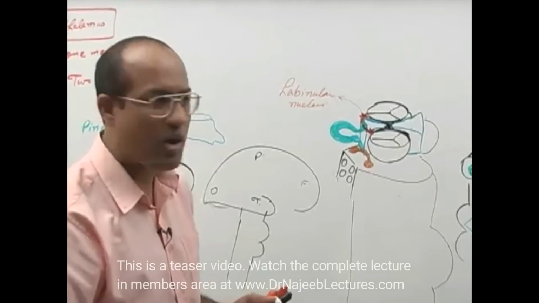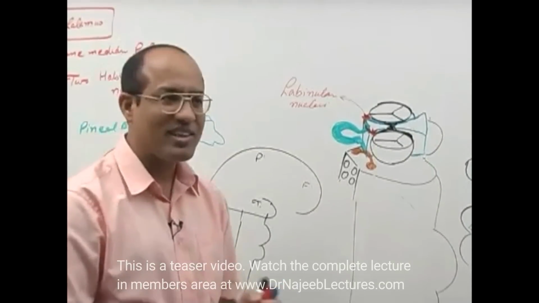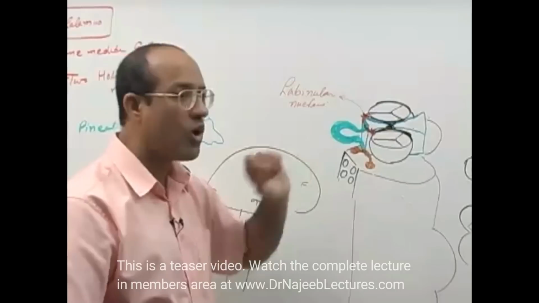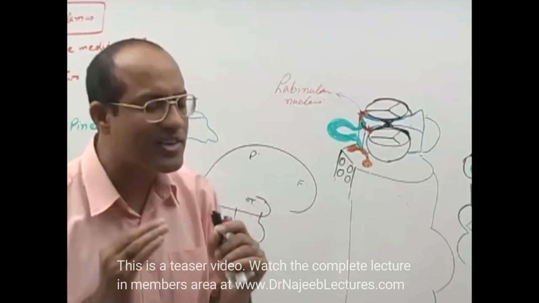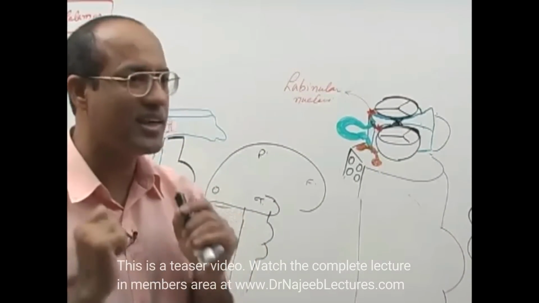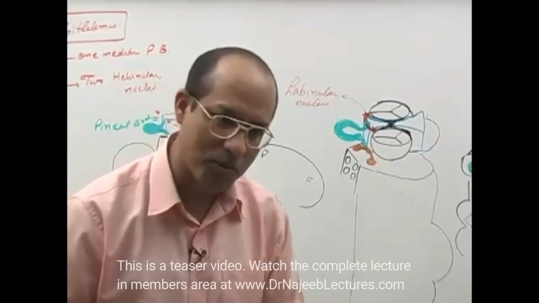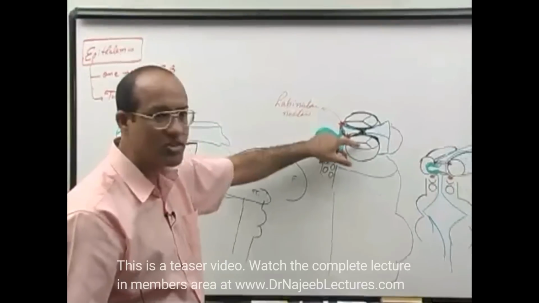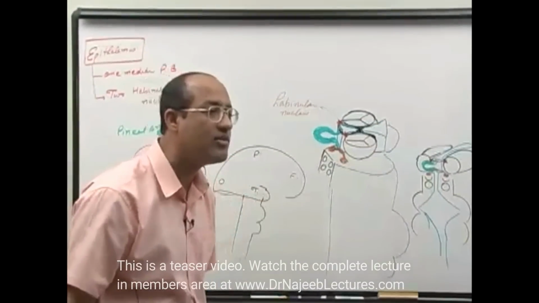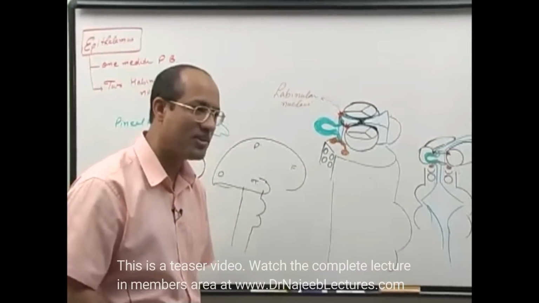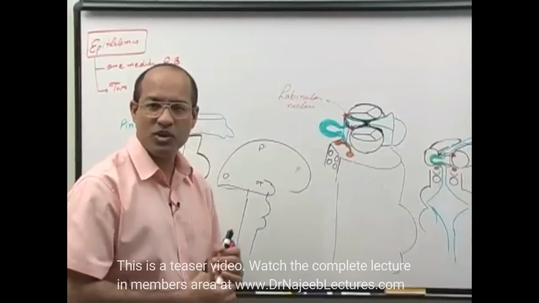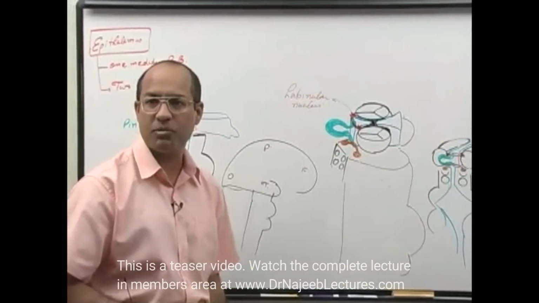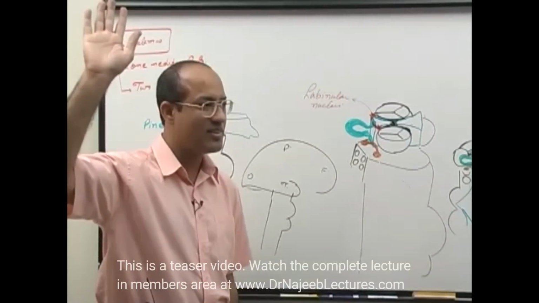Now we have to see in relationship to all these structures where exactly is your beloved area called hypothalamus. How many of you really know exactly in this diagram where should be hypothalamus? Raise your hands.